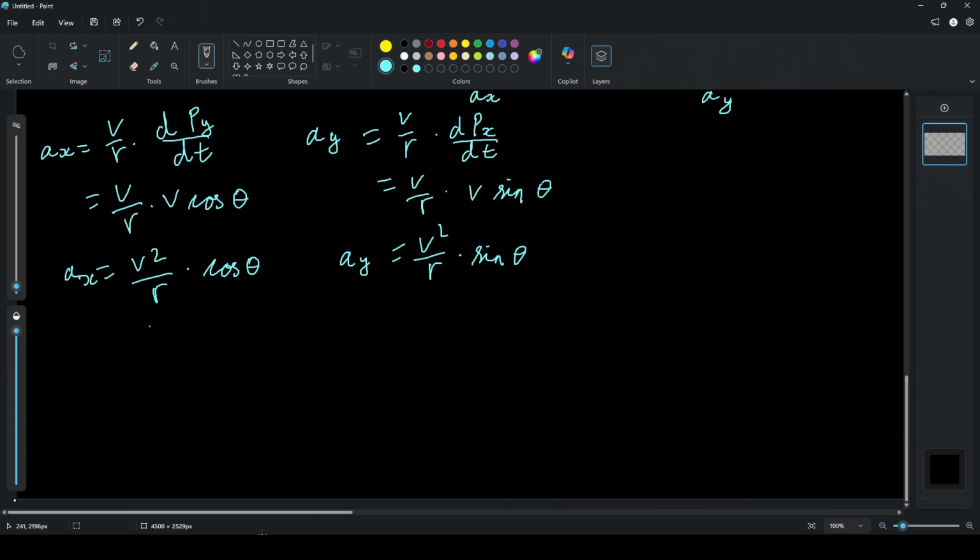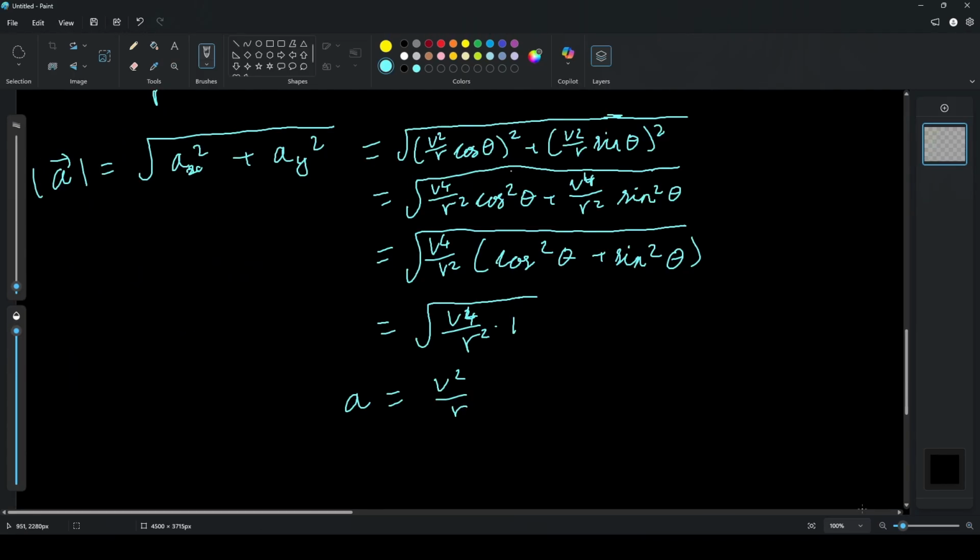Now, we have the vector components here, but how will we calculate the magnitude? Well, the magnitude of acceleration is the square root of ax squared plus ay squared. And if we write it out and expand everything, we have v squared over r cos theta, the whole squared, plus v squared over r sine theta, the whole squared.